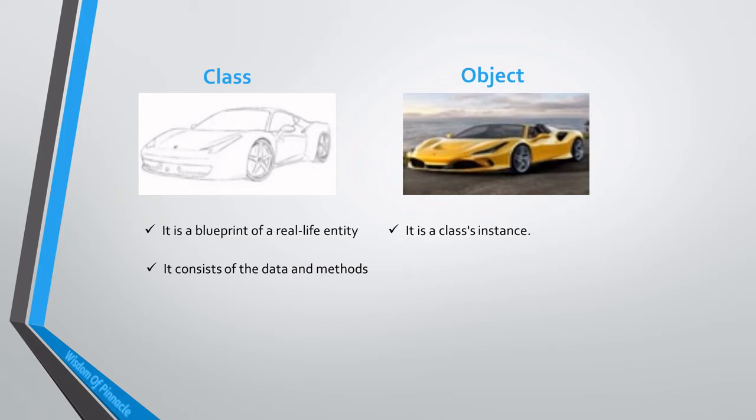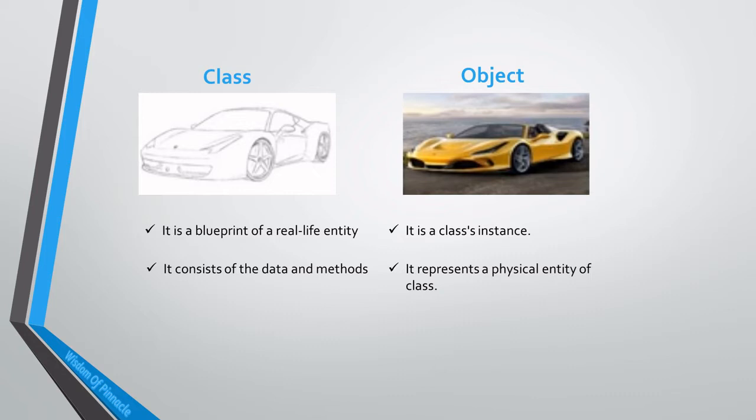This data represents the attributes and methods represent the behavior of the real-time entity. Coming to object, it represents a physical entity of the class. So object is nothing but a physical representation of the class. Whatever class we have created, it is representing that.